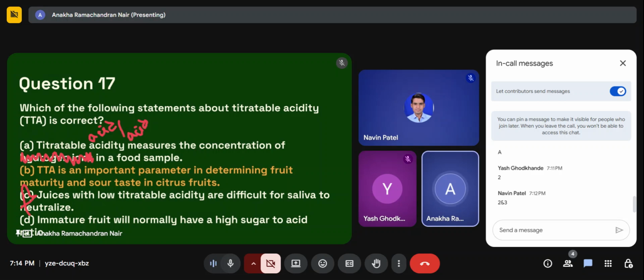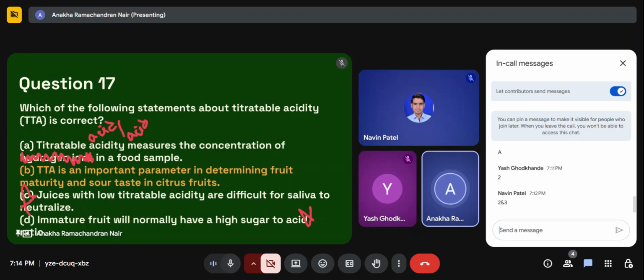And immature fruits will normally have a low sugar to acid ratio, right? Immature fruits will normally have a low sugar to acid ratio instead of a high sugar to acid ratio. Mature fruits will have a high sugar to acid ratio, but immature fruits will have a low sugar to acid ratio. Alright.